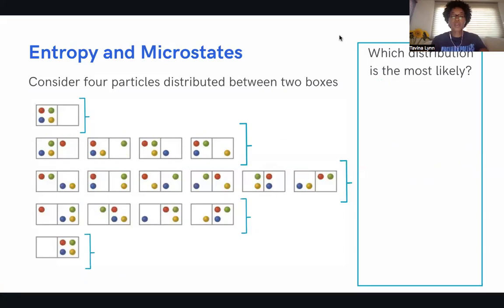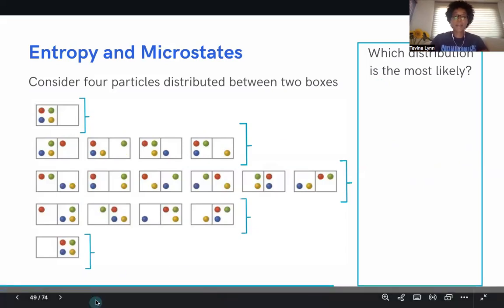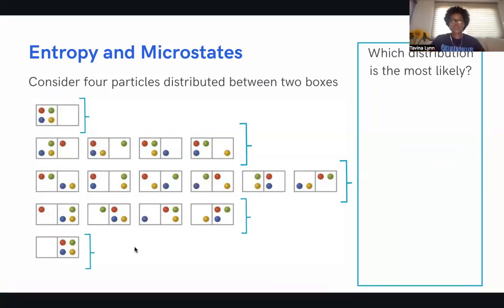Now, for determining our microstates, we want to ask the question, which distribution is the most likely? Because we have 5 distributions, and essentially 1, 2, 3, 4, 5, 6, 7, 8, 9, 10 plus 6, we have 16 different microstates, 16 different ways we can distribute these 4 particles between the two boxes.